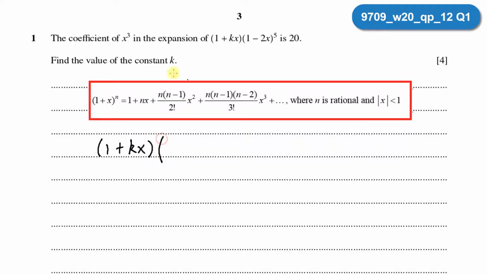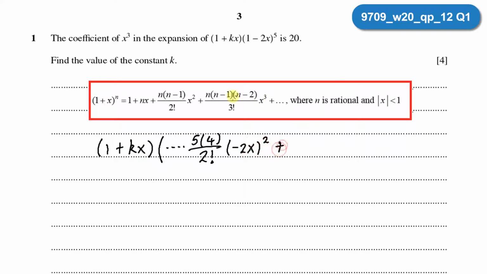So here we're going to have the term in x squared as n times n minus 1 over 2 factorial. N is 5, so that will be 5 times 4 over 2 factorial, and that's x squared. In this case, x is minus 2x, so we have minus 2x squared.